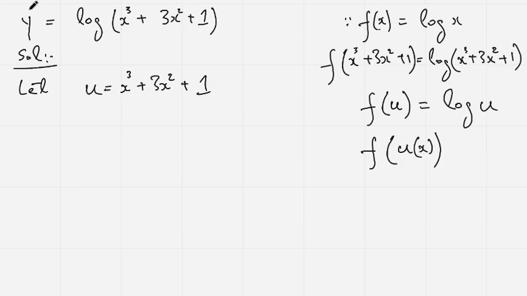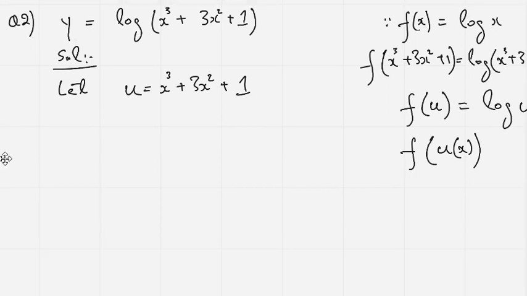So you see, I have a polynomial function within a logarithmic function. The function within a function concept is here. So we are going to use the chain rule in order to find the derivative of this y. Okay, so let's begin. Let y equal log of u. Now this is my equation number 1.